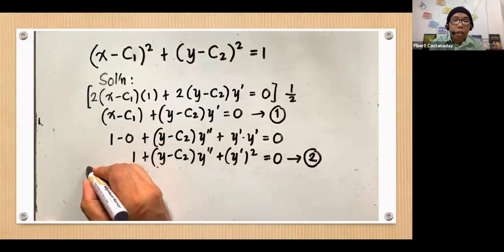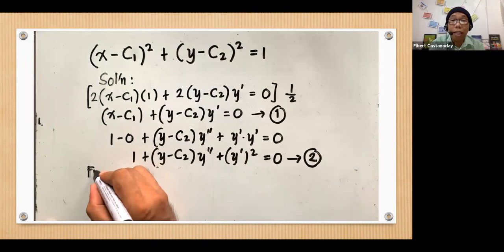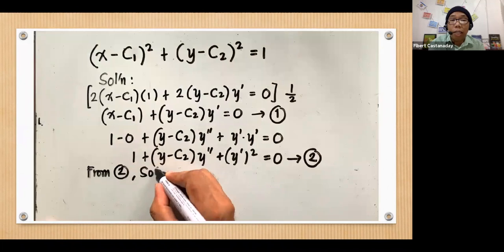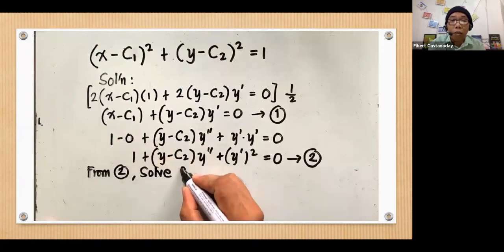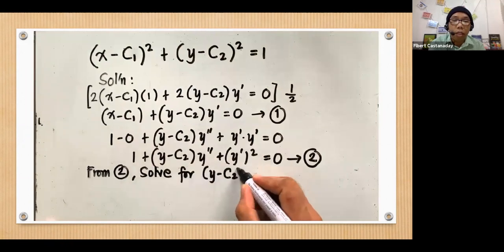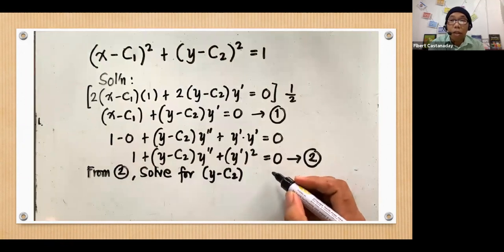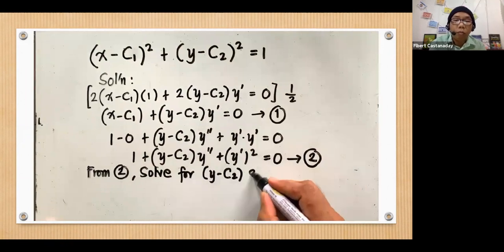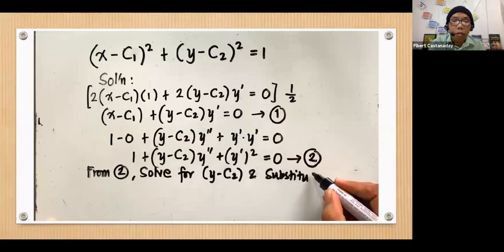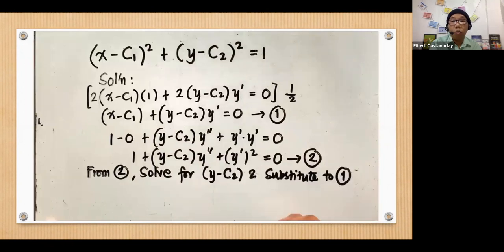Now the next step will be how we can eliminate the arbitrary constants, since after differentiating for the second time, you can still see arbitrary constants. So we will use equation 2 to solve for y minus c sub 2, which means we are going to arrange the equation, and we substitute the result to equation 1.